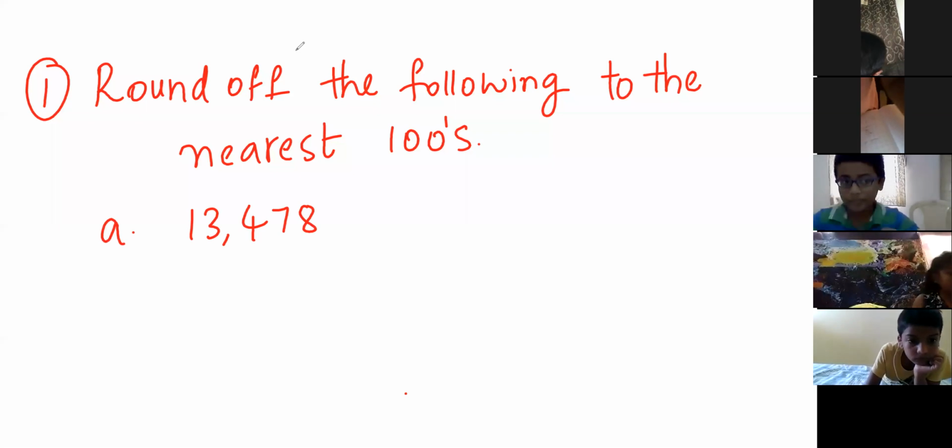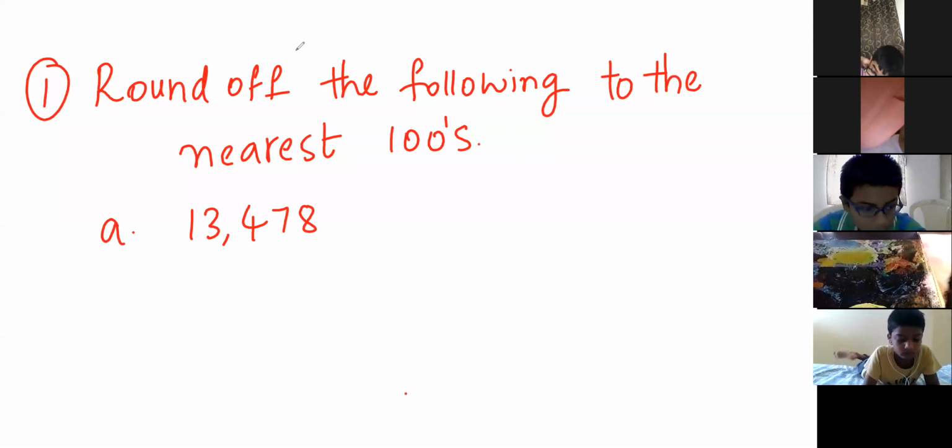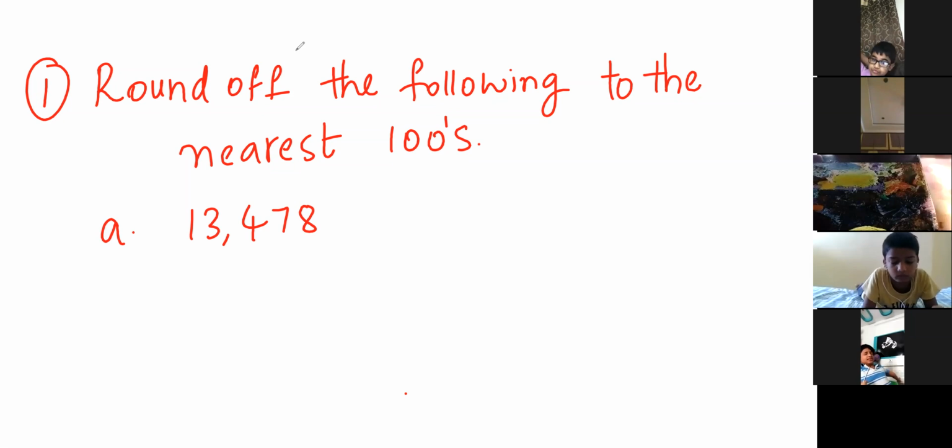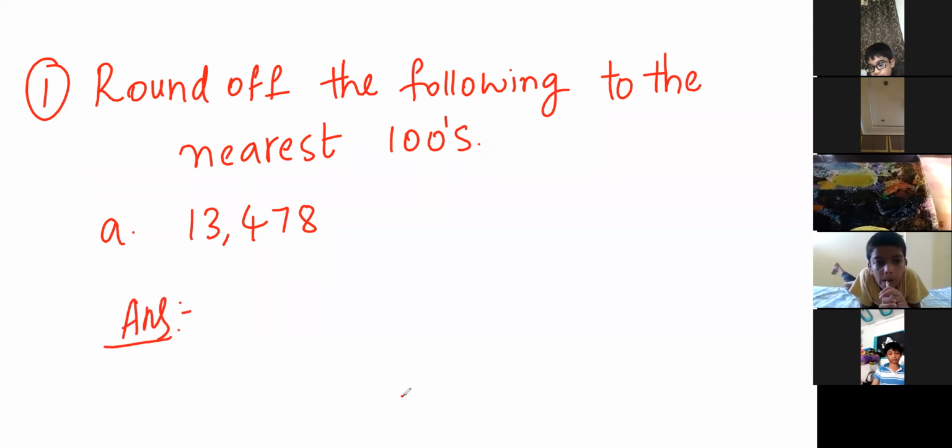Now no more explanations, no need of arrow marks and all. While writing an answer for a given question, the direct answer must be there. For your understanding sake, previously I showed you the arrow marks. It is 13,478. To round off this number to its nearest 100, you are making ones and tens places as zeros.